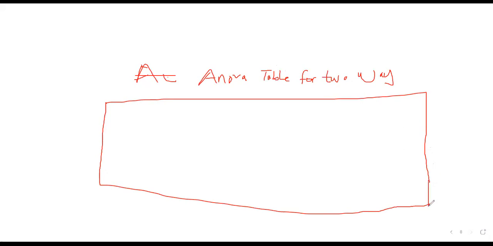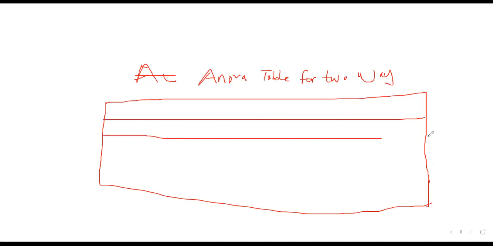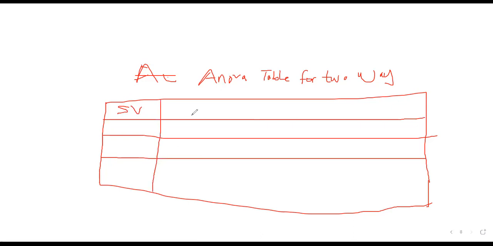Under this table, we have the source of variation, then the sum of square, then the degree of freedom, which is the df, then the mean square.